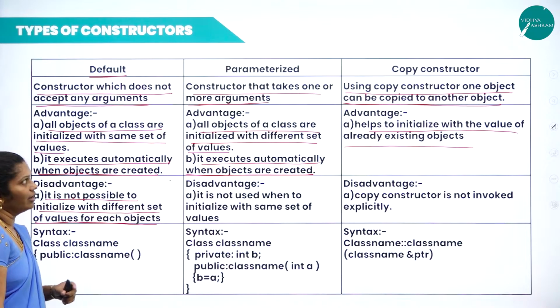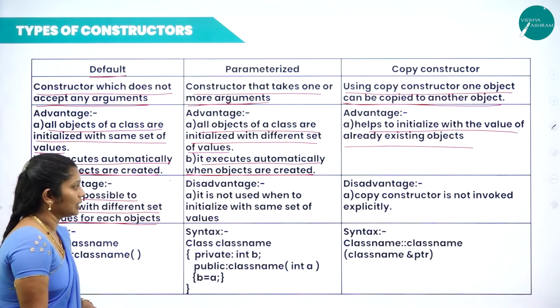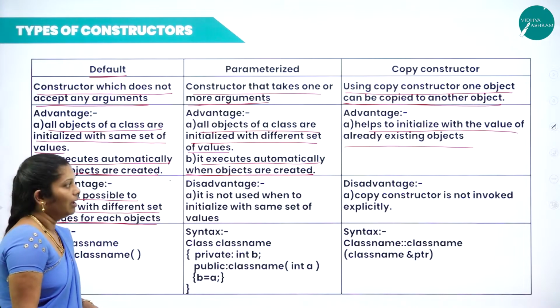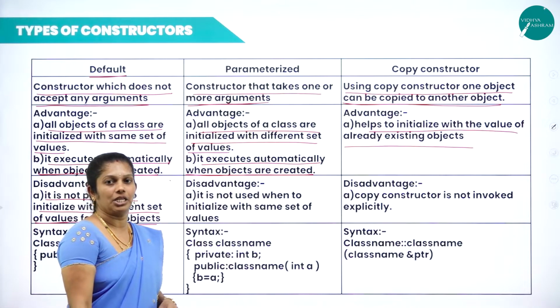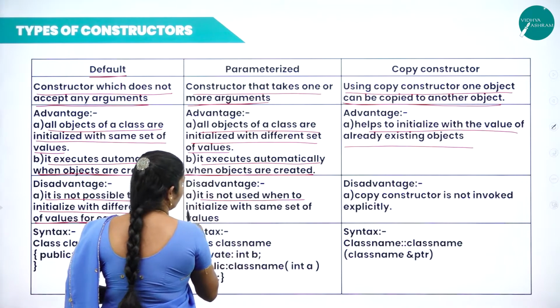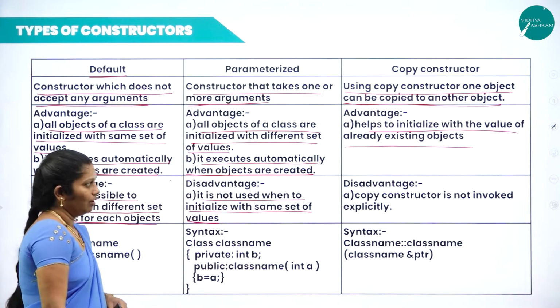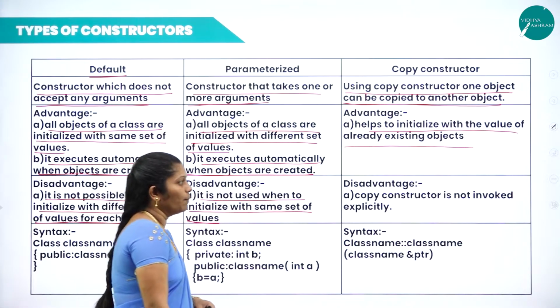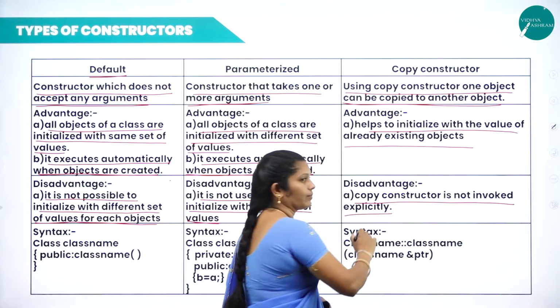Now in the same way, here also in parameterized constructor, it is not used when you want to initialize with same set of values. Especially parameterized constructors are not used when you want to initialize by same set of values. Whereas copy constructor is not invoked explicitly.